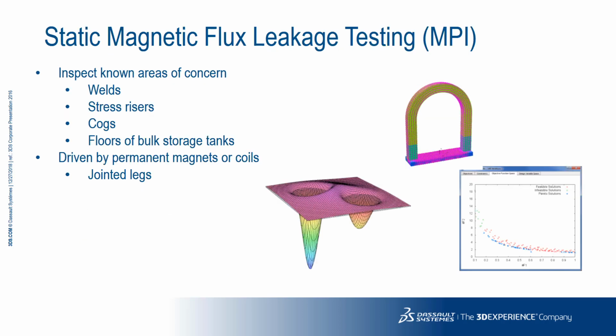Static MFL methodology, or magnetic particle inspection, involves magnetizing a portion of the structure and recording the flux at the surface. Usually, a local magnetization close to the saturation is required because the leakage flux amplitude is generally proportional to the magnetization level. For something like a bulk liquid storage tank, a magnetizing field of 1.5 to 2 Tesla is commonly used.